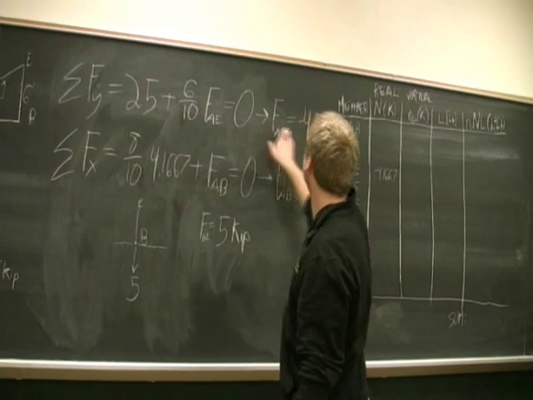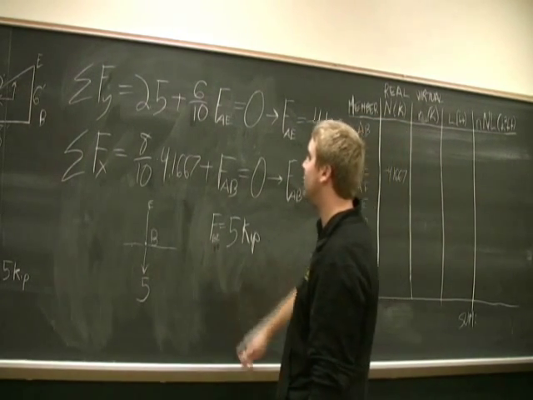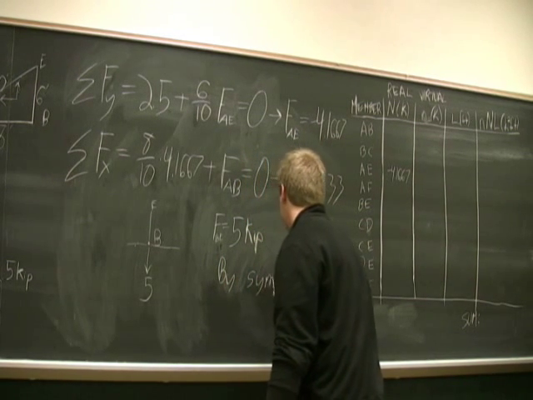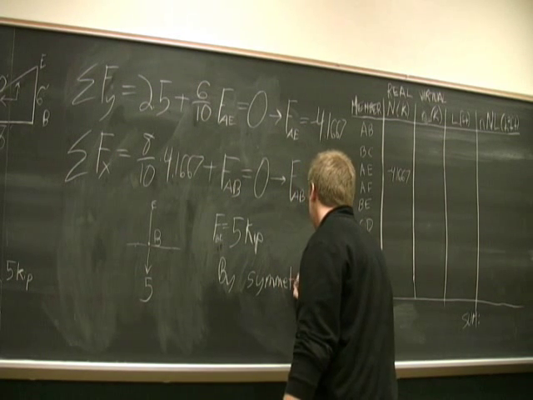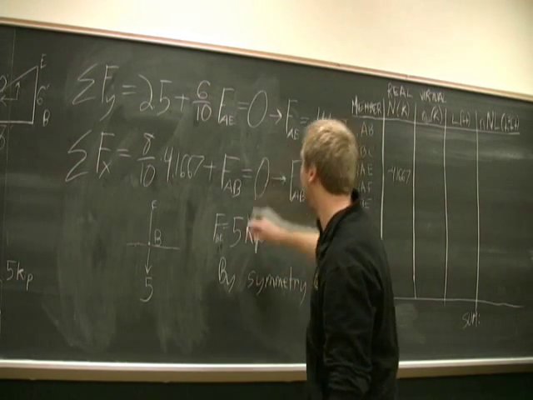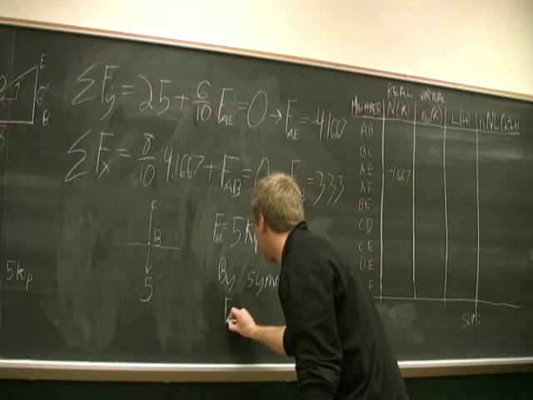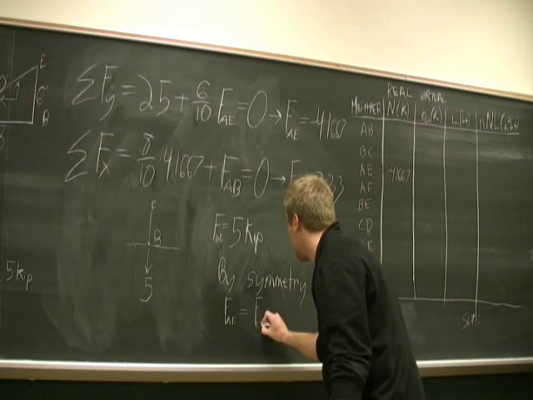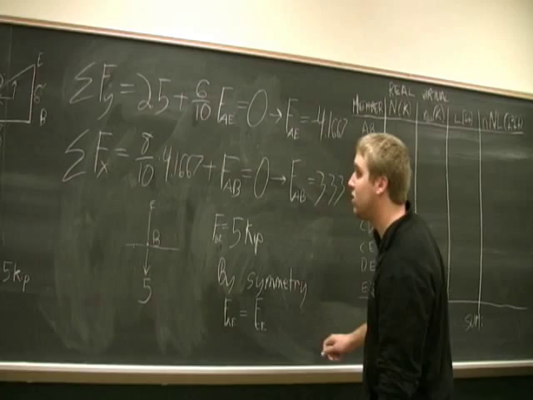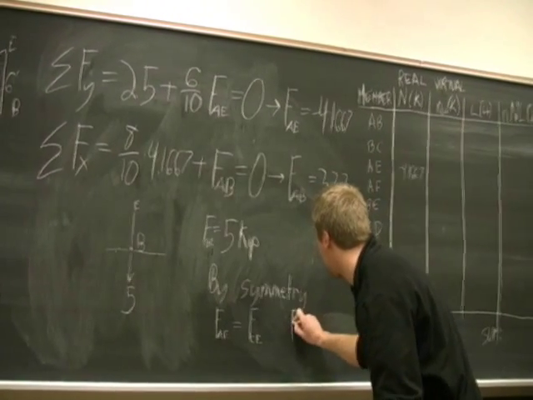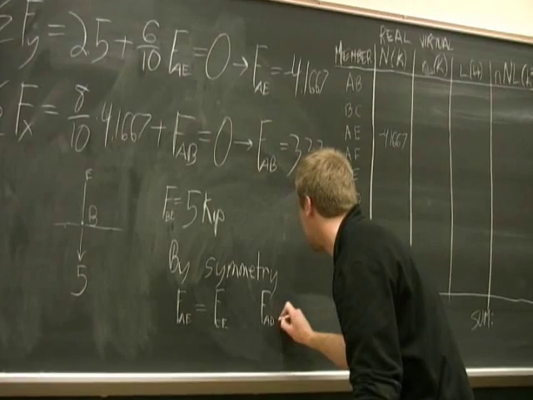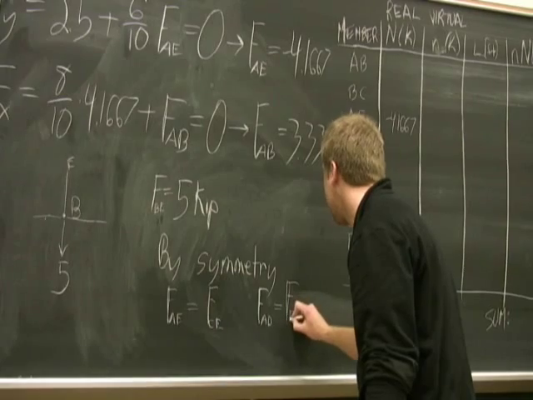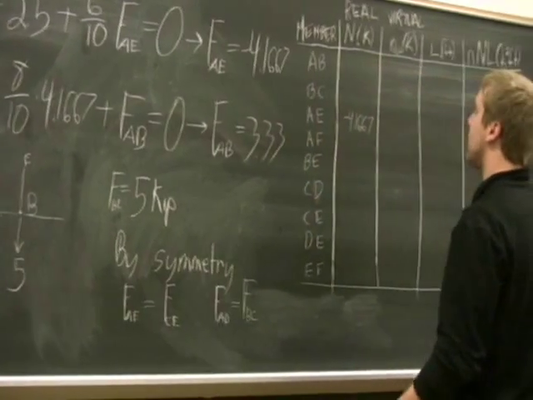Now that we have our forces in AE, AB, and BE, we know that by symmetry, the force in AE is equal to the force in CE, and also the force in AB is equal to the force in BC. So now we can start plugging numbers into the board.